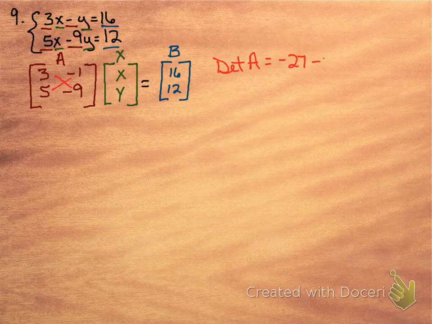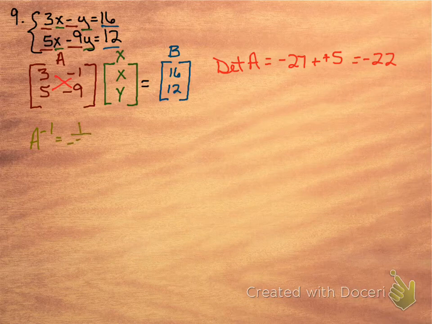We identified our matrix for coefficients, variables, and our constants. Now we are finding the determinant of matrix A. So 3 times -9 was -27, minus 5 times -1, which was -5, gave us -27 plus 5, or -22.